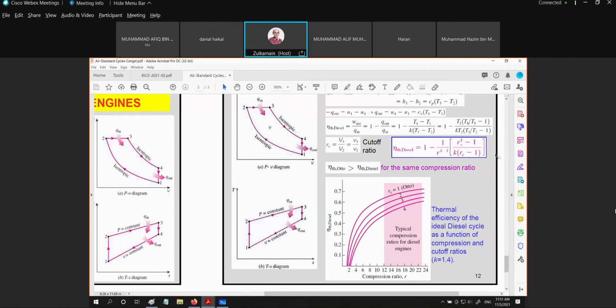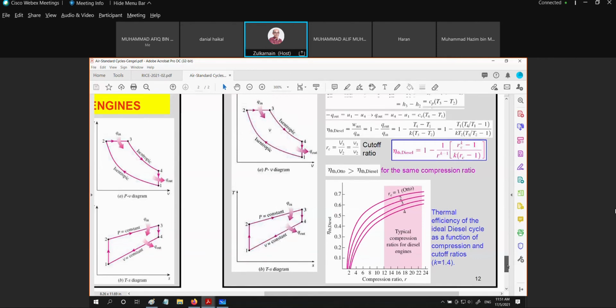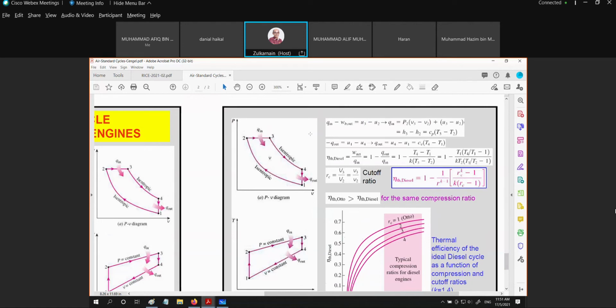If we look at the definition of our thermal efficiency, before that, we are going to look at the process of 2 to 3, based on the closed system. The closed system energy balance from 2 to 3: the energy in plus the energy transfer in equals the final energy plus the energy transfer out.